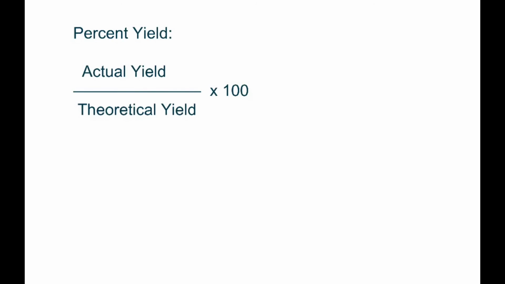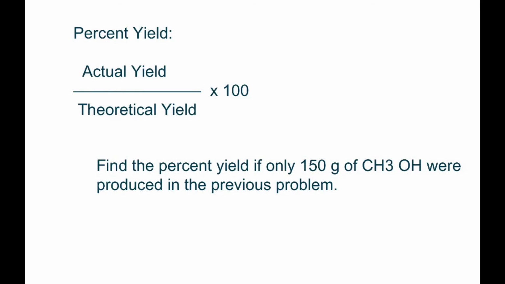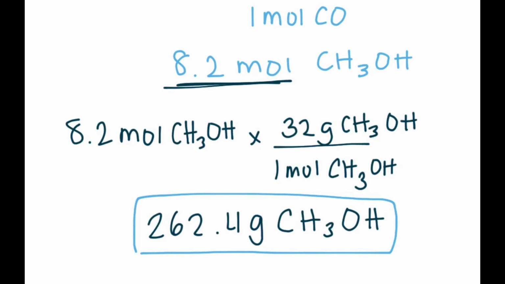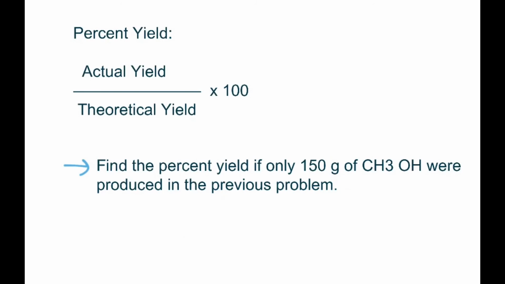The last concept of Lecture 15 is finding the percent yield. Percent yield is the actual yield over the theoretical yield times 100. Percent yield questions will generally look like the one below, where it asks you to suppose that only 150 grams of the methanol in the previous problem were produced. If you look back at the previous problem, you'll remember that we received 262.4 grams of methanol.